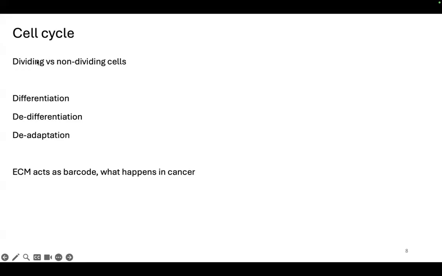So that entire thing is the cell cycle. And there are cells which are actually not a part of that decision, so they will not be dividing. So neurons, they're called terminally differentiated neurons.